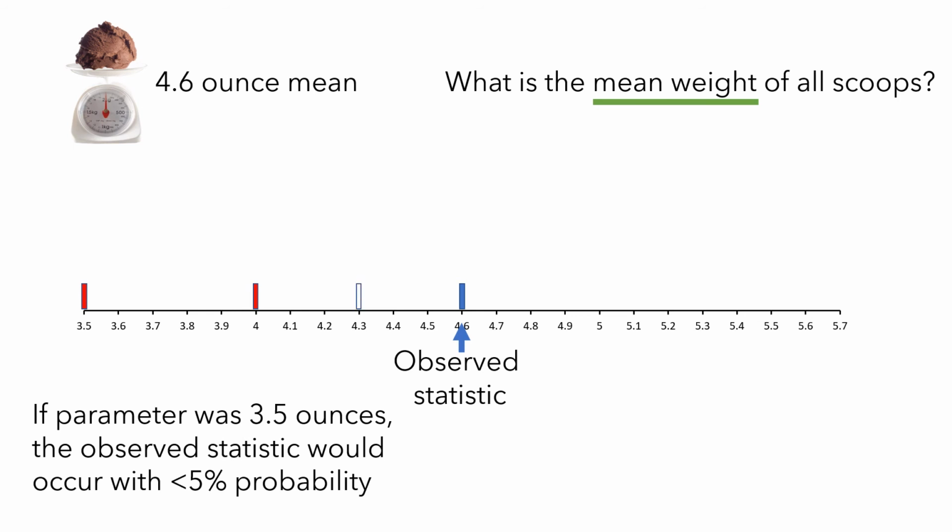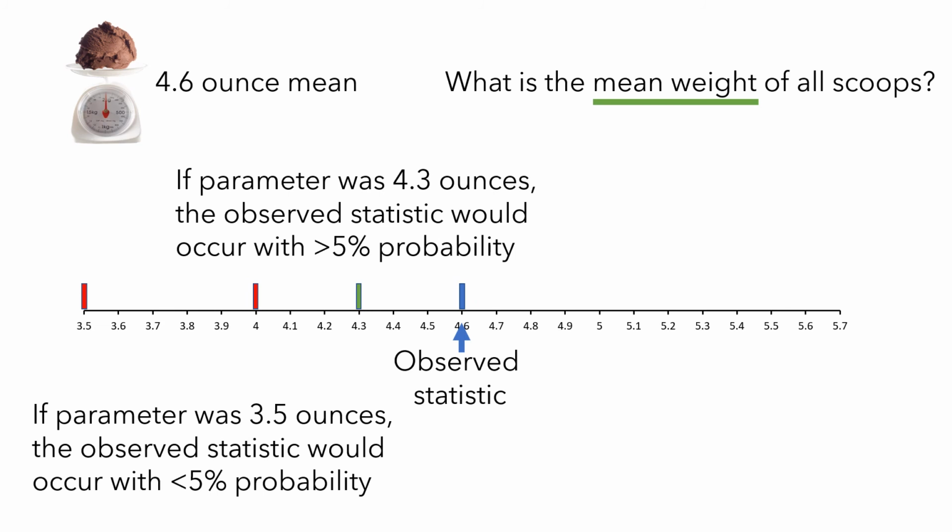When we hypothesized that the parameter was 4.3 ounces, we found that the observed statistic would occur with greater than 5% probability. And a parameter of 4.2 ounces seemed to be the smallest parameter value for which this would be true. So this would be true of any parameter value between 4.2 and 4.6 ounces. Now, 4.2 is 4/10 of an ounce less than 4.6.